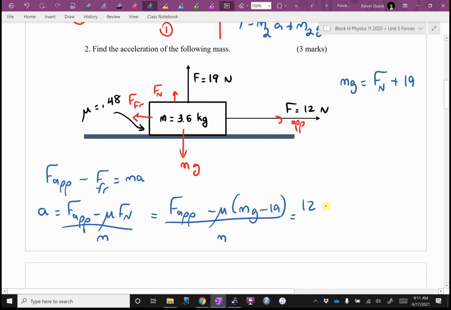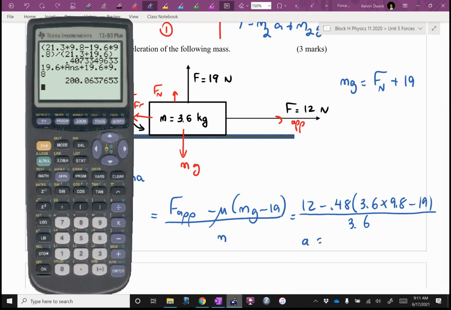So it's going to be 12 minus 0.48 times 3.6 times 9.8 minus 19, all over 3.6. I'll fit it in here. A equals bracket 12 minus 0.48 times bracket 3.6 times 9.8 minus 19. Close off the normal force bracket, close off the top, divided by 3.6. I think I typed this right.